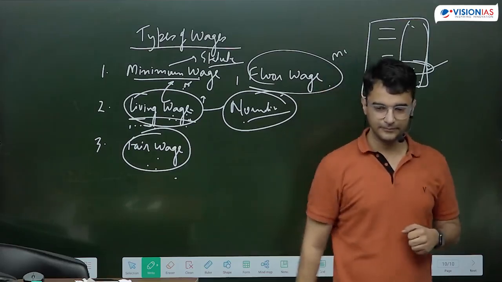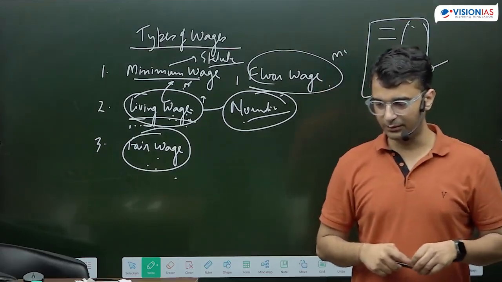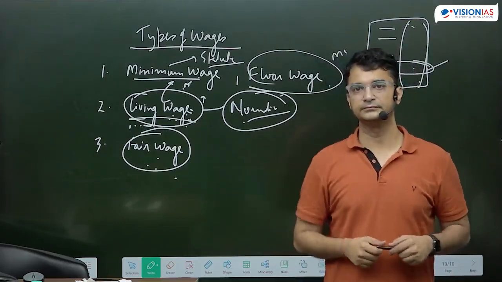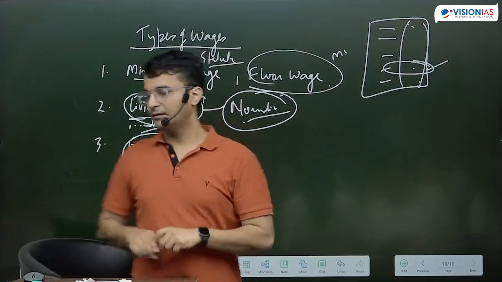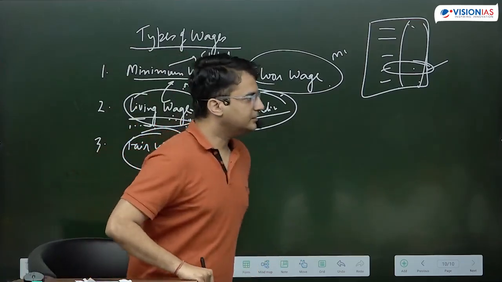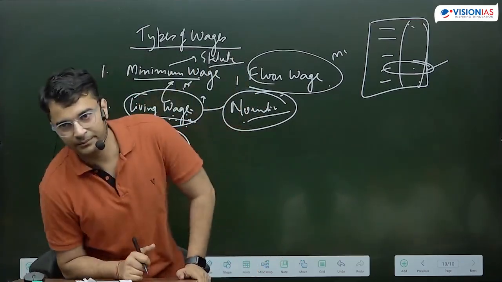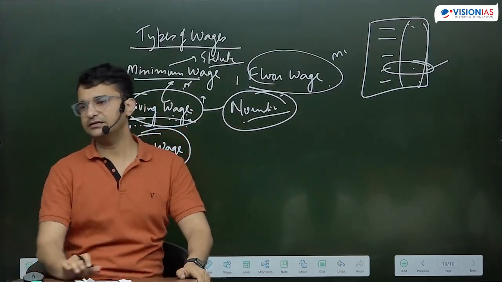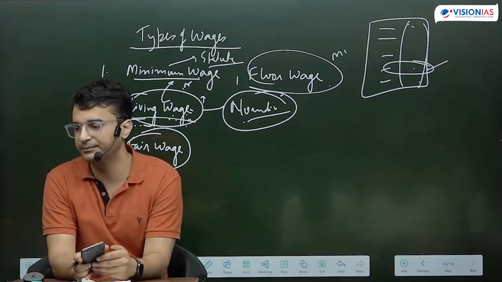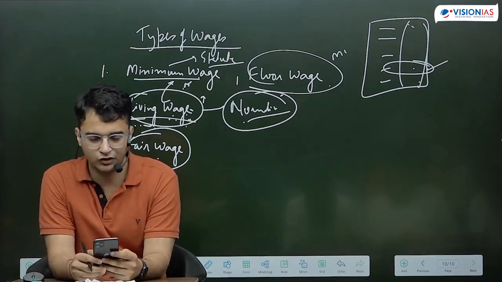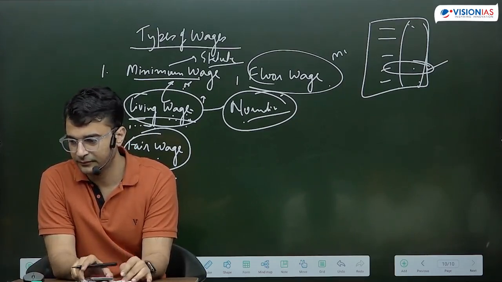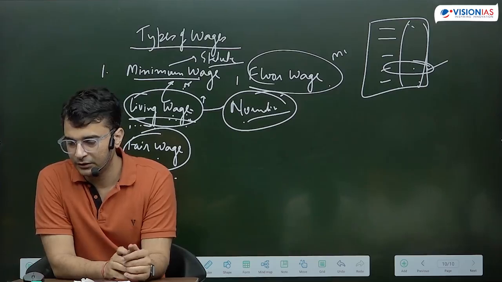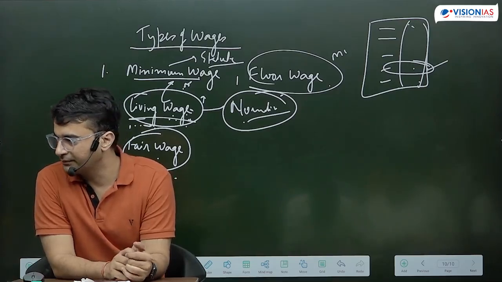Write. Types of wages. Number 1, minimum wage. It is a statutory minimum which has to be given to some worker.